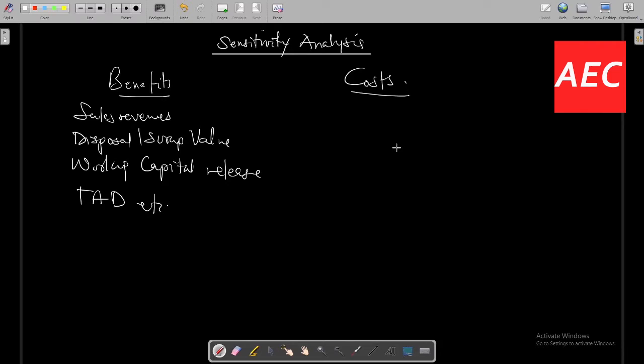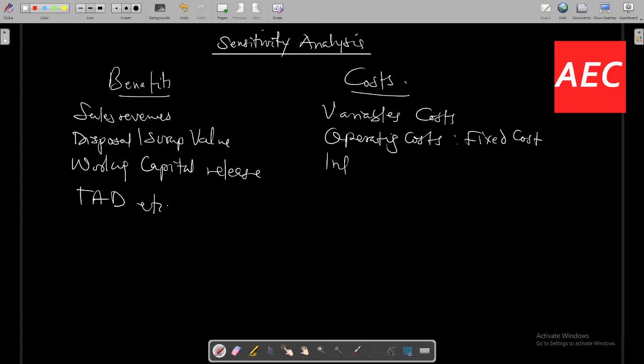The cost involves variable costs, operating costs, such as fixed costs. You can also look at inflation. Inflation becomes a cost.